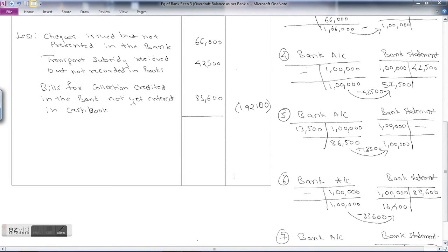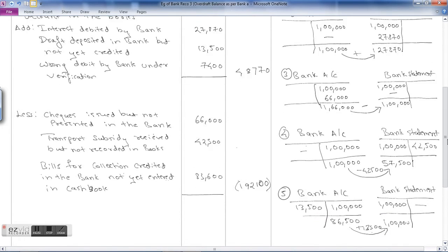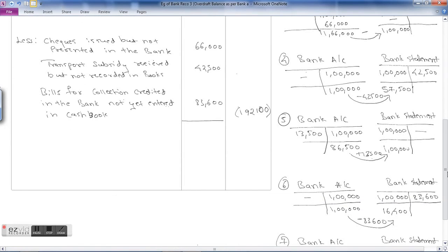Now we will calculate balance as per bank statement. So 2,45,900 plus 48,770 minus 1,92,100. That gives you how much? 1,02,570.